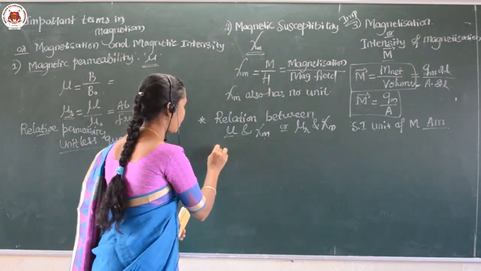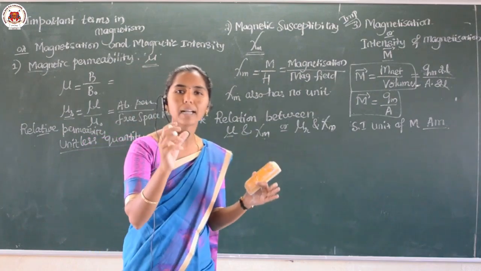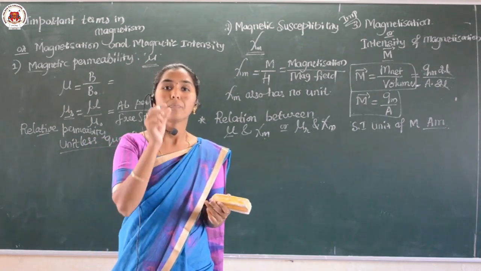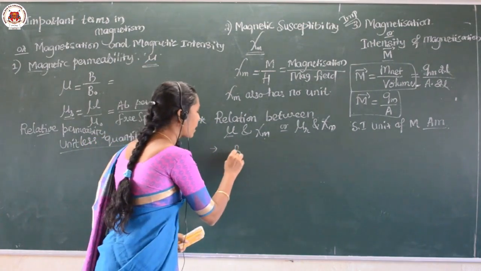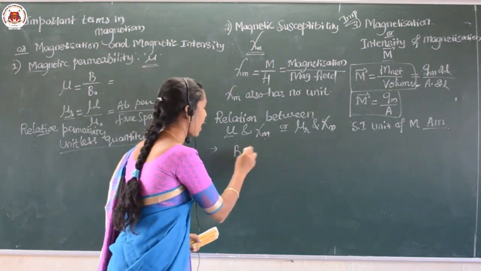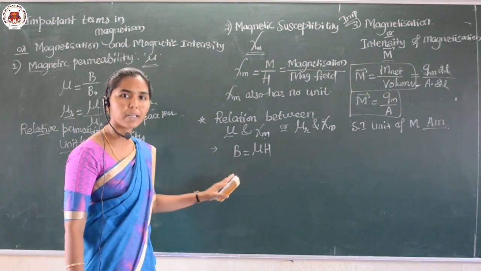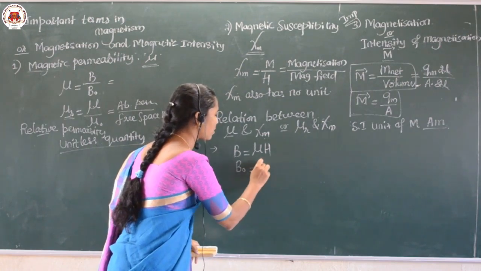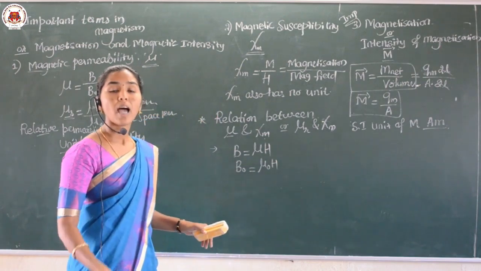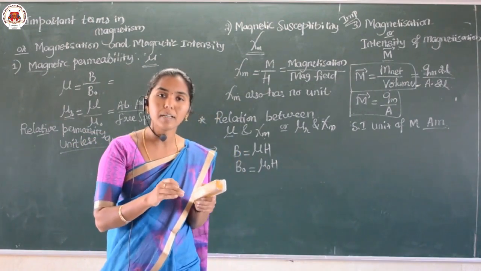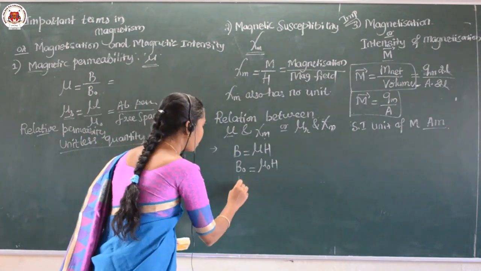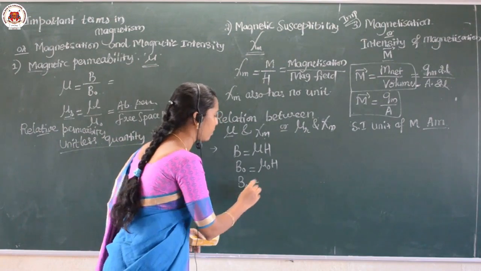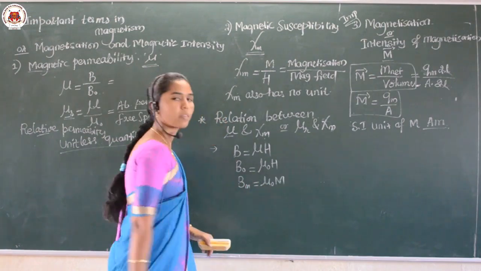Assume there is a magnetic material placed in a magnetic field, and the magnetic field B is given as mu into H. For free space you can take B naught equal to mu naught into H. And when the same magnet with the specimen is placed in the magnetic field, in the material medium, Bm is given as mu naught into M. What is M here?